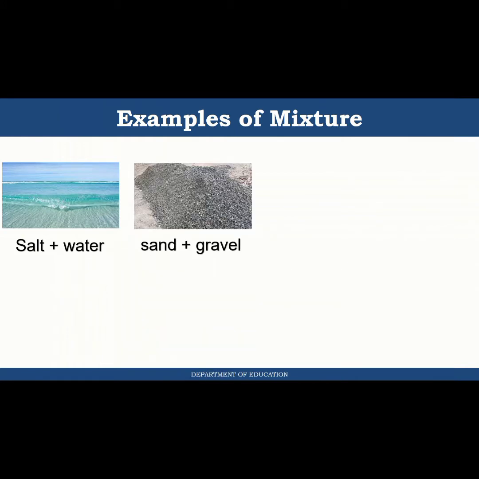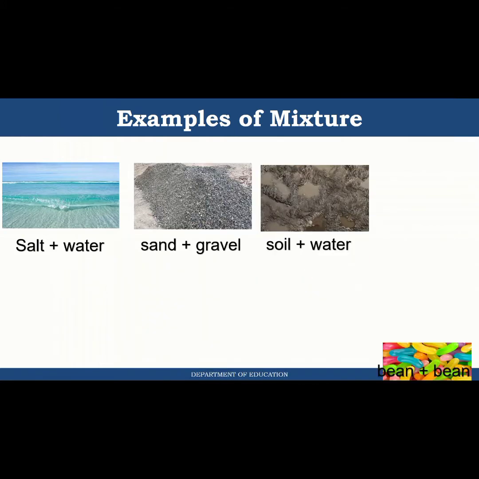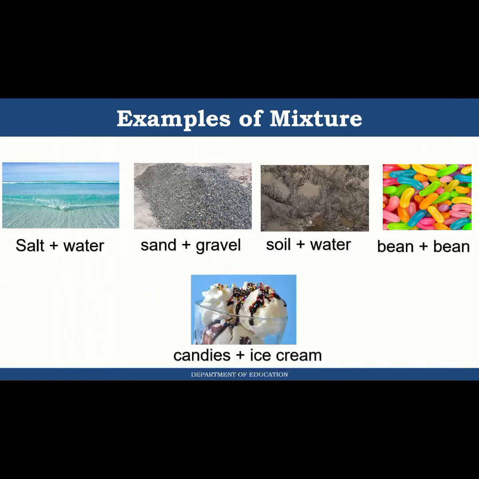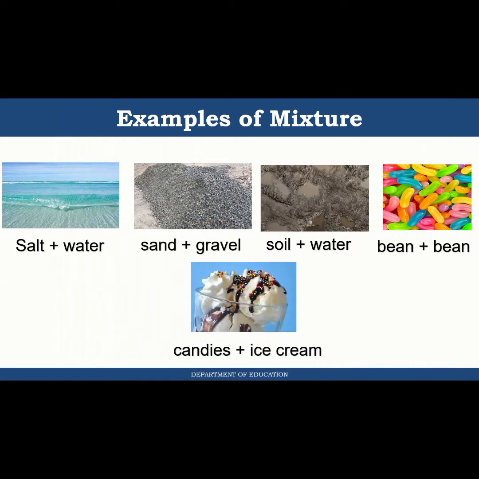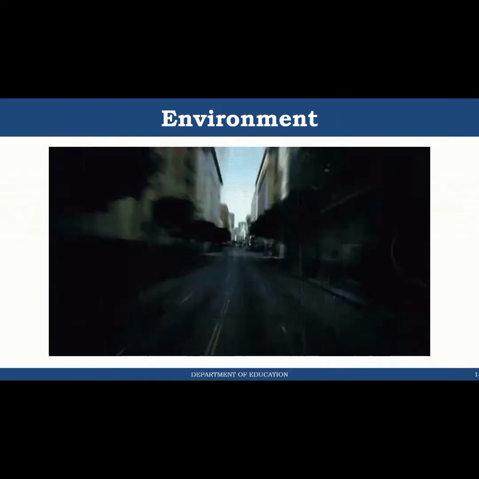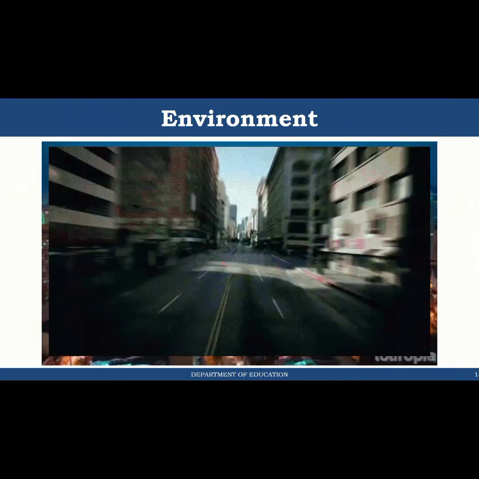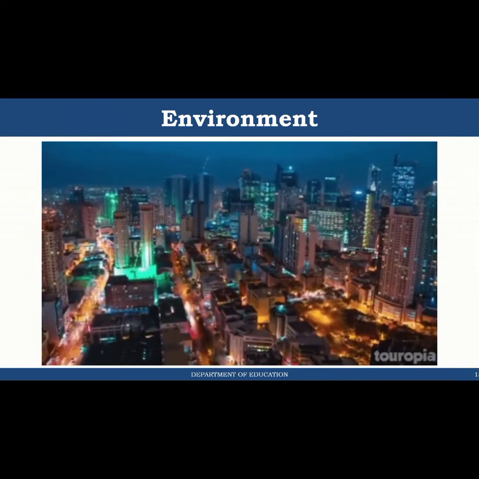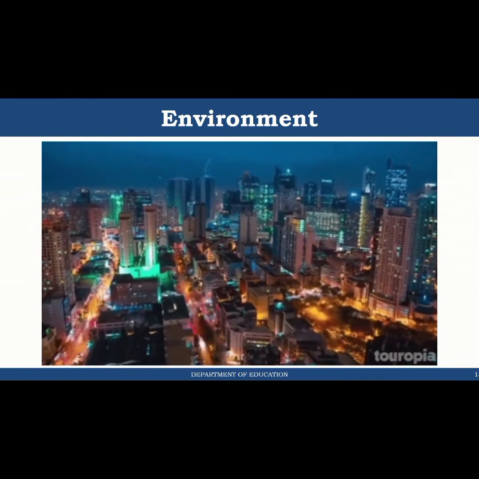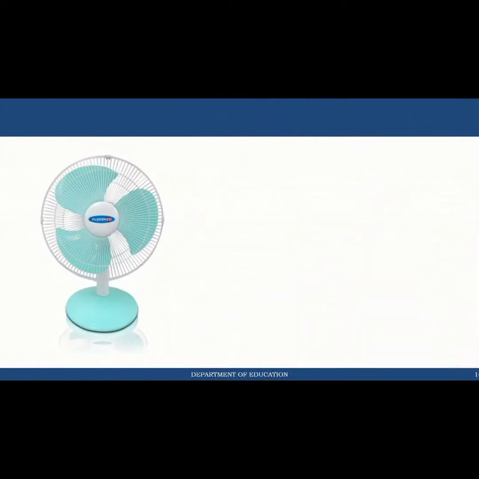Sand and gravel, the mud, the jelly bean candies, and ice cream are all examples of mixtures. If you observe the things around you, you will notice that a lot of them are mixtures of some kind. The electric fan is a mixture of plastic and different metals.